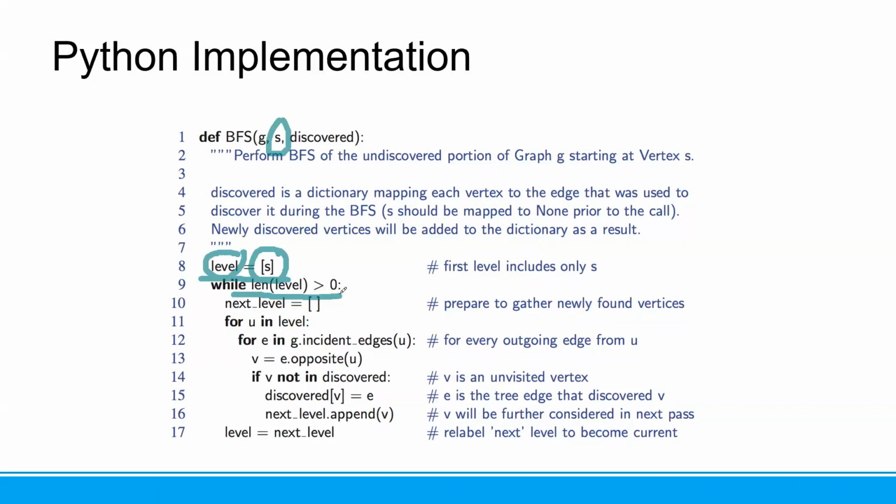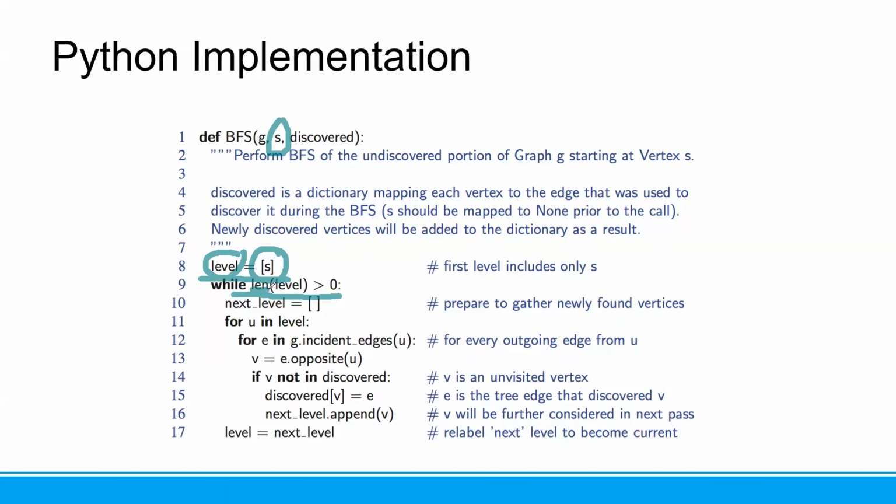So if the level list is not empty, length is the size of the element. If there is no element, then stop, we don't need to do the loop.